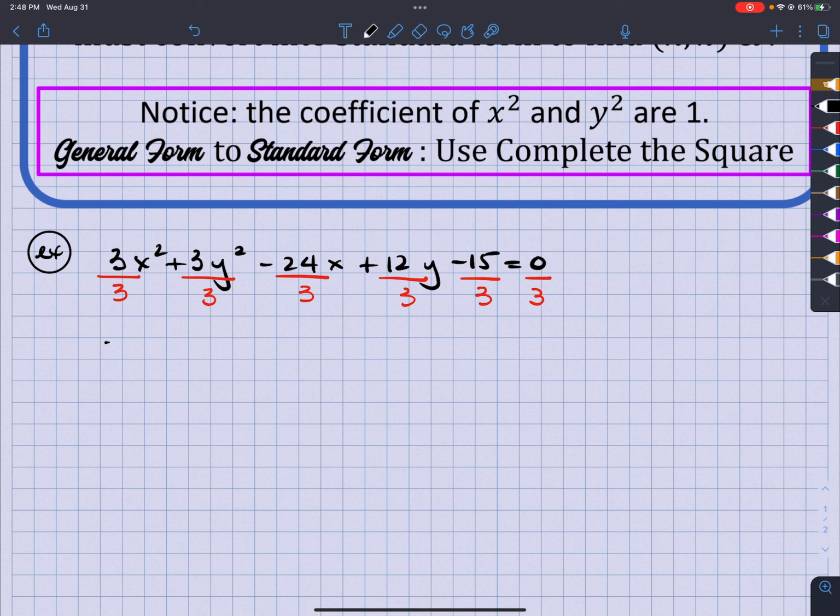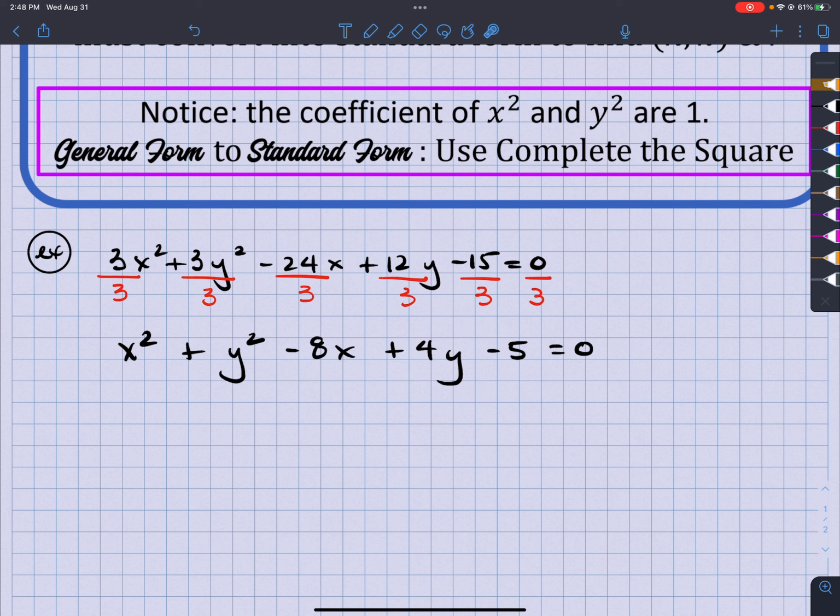Now I have no more 3. I'll have x^2 + y^2 - 8x + 4y - 5 = 0, right? So now I can see that my coefficient for the x squared is 1, and my coefficient for the y squared is also 1.